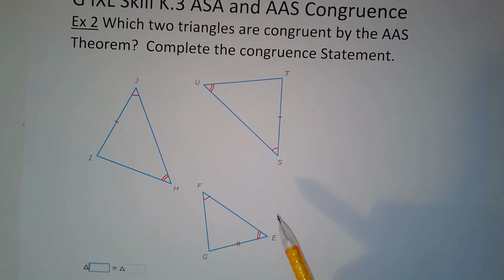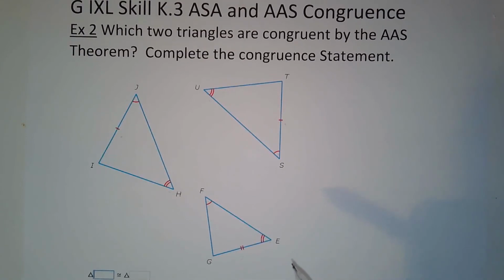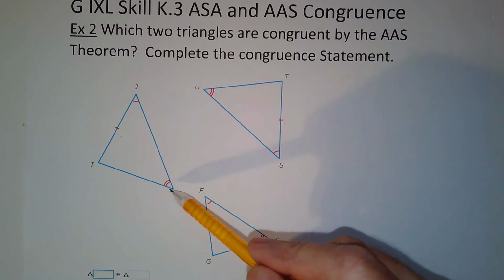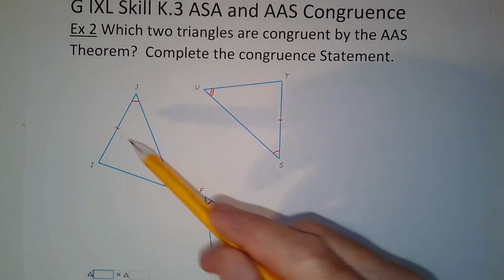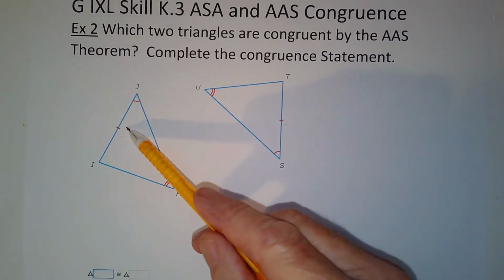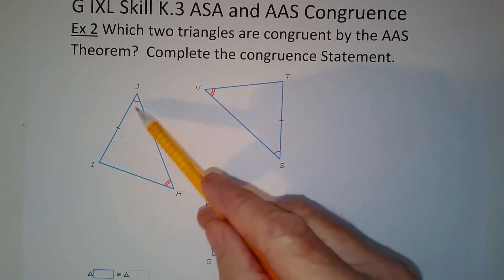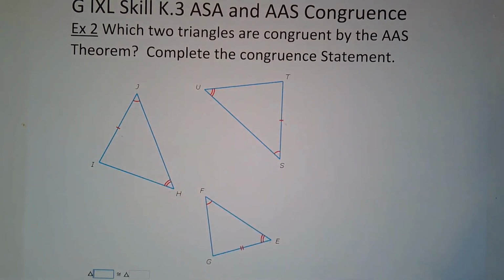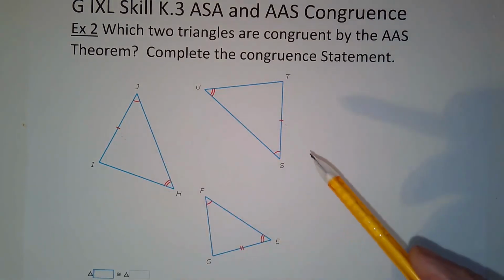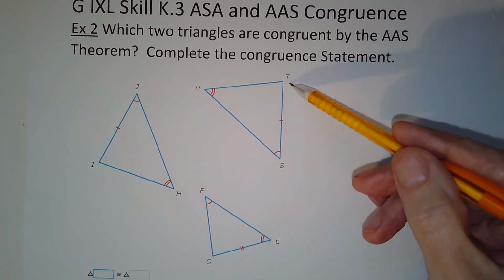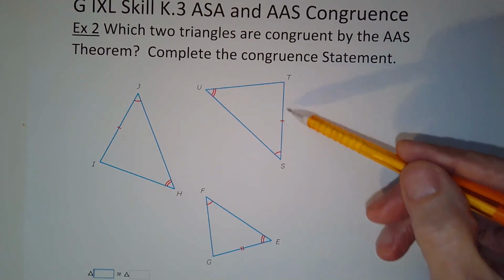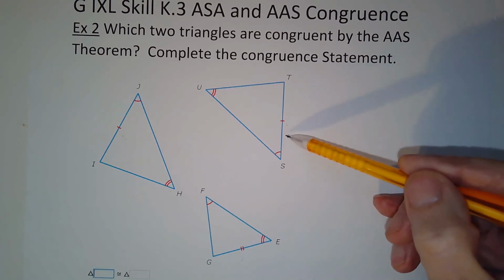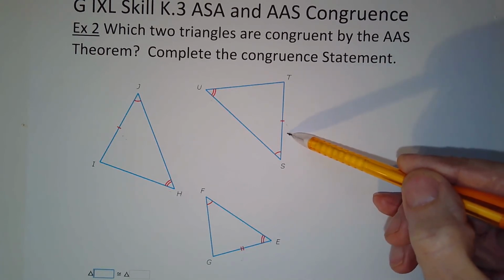So if you look at these, we can see they all have angles and sides that are being compared, but not all of them are congruent. If you look at triangle HJI, notice that the length of line segment JI is one tick mark, whereas the line segment for UTS here, triangle UTS, it also has one tick mark.